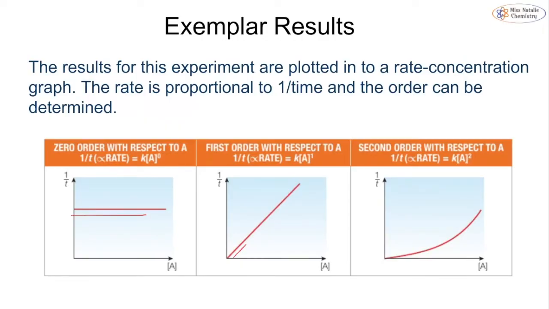If it is first order, we get a nice straight line. If it is second order, then we see this curve, which is a bit of a problem. So what we would actually do for second order is plot 1 over t against concentration squared, and if we did that, we should get a nice straight line, and that tells us that we have second order, or first or zero.